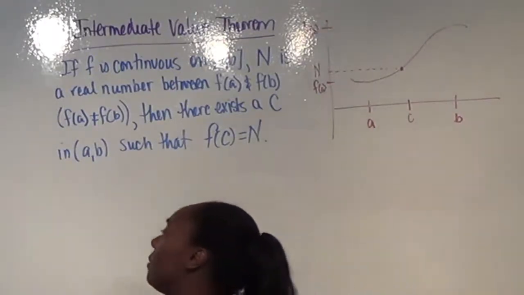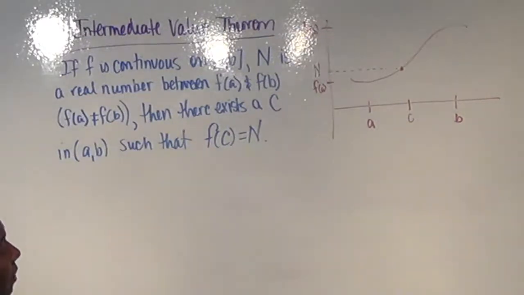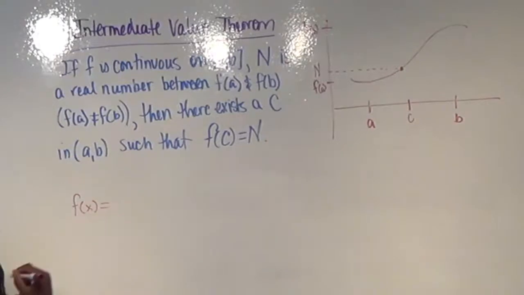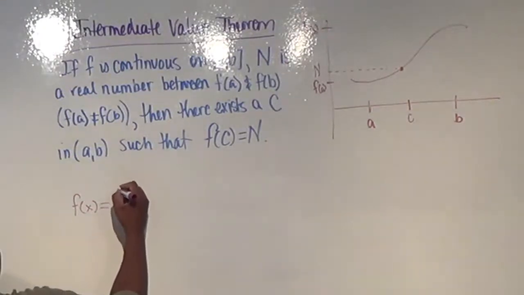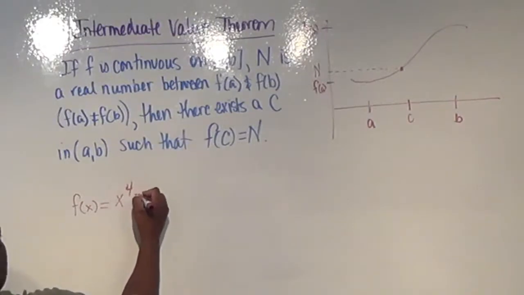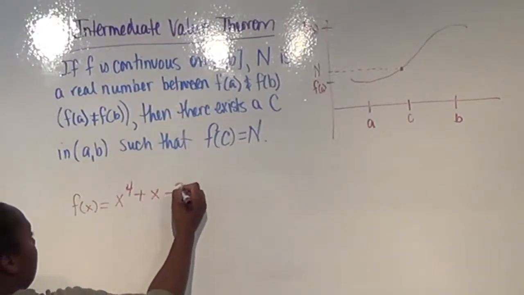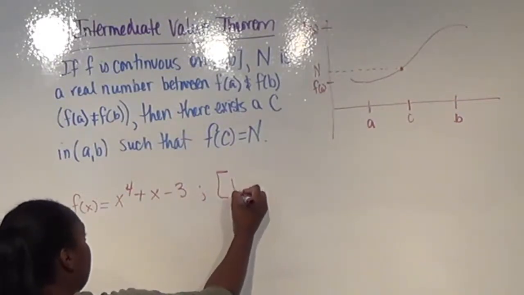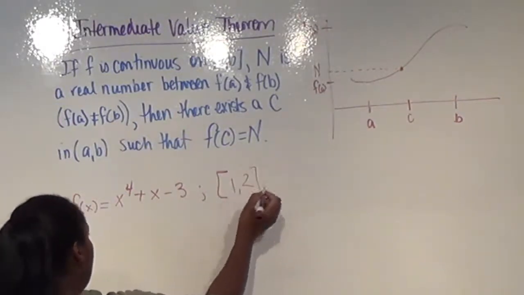Okay. So let's look at an example of this. Let's say that our f of x is the following function. So x to the 4th plus x minus 3, and let's look on the interval from 1 to 2. Okay.